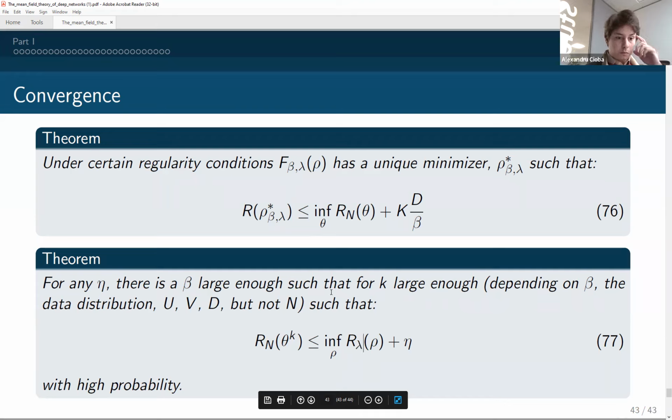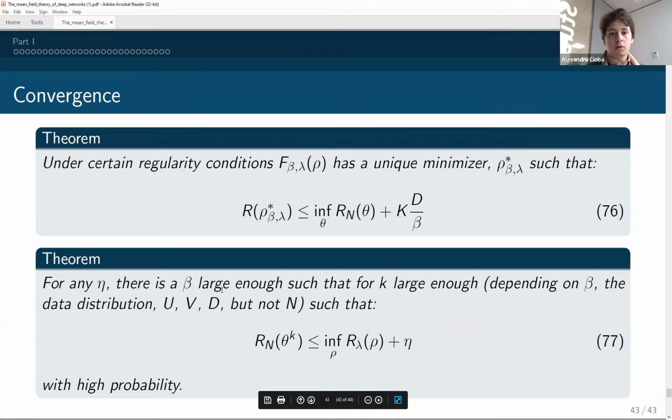And this is again also possible for beta large enough and for k large enough, so for a long enough number of gradient descent steps, to bound the risk that you see in practice by the theoretical infimum of the distributional risk, plus some small quantity which will factor into the probability of this happening. So it's 1 minus c to the minus beta squared, something like that.